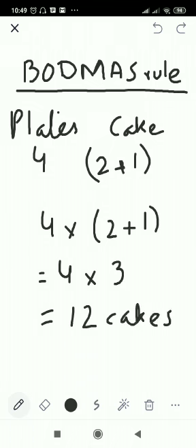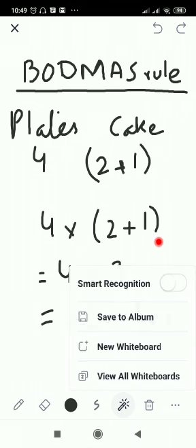Alright, 12 cakes altogether. Now the important thing over here is these brackets. If you are going to solve it without using the order and without the brackets, what will happen? Let's see.